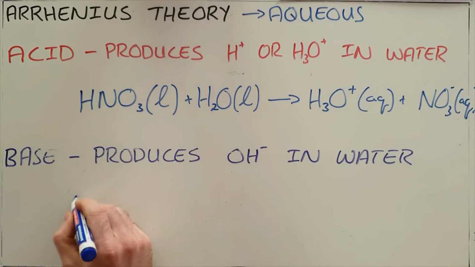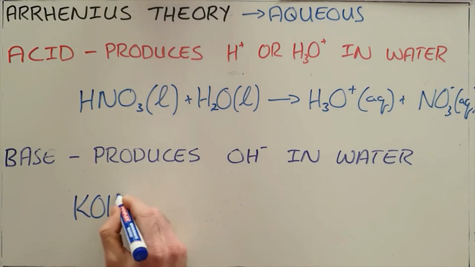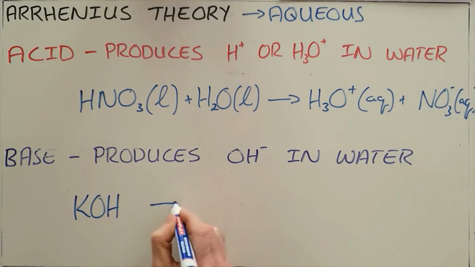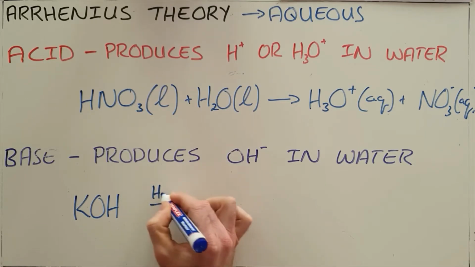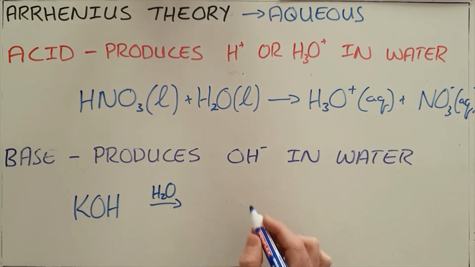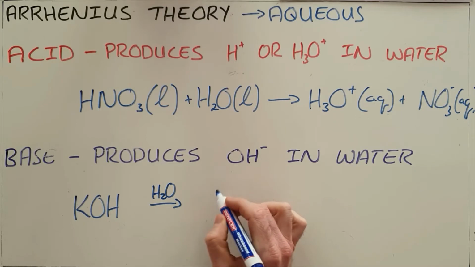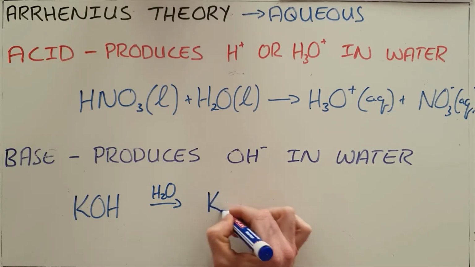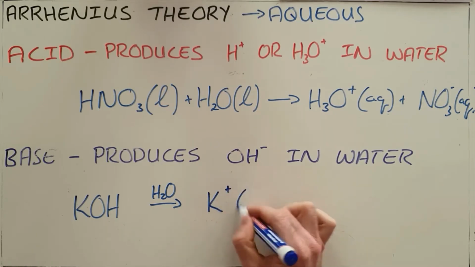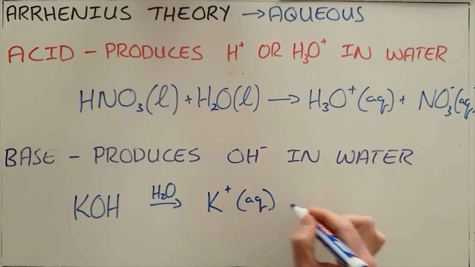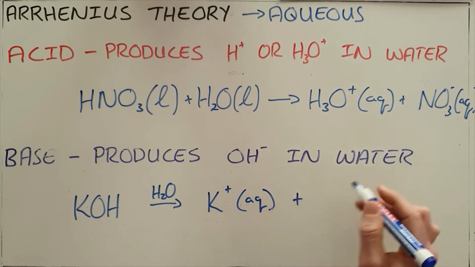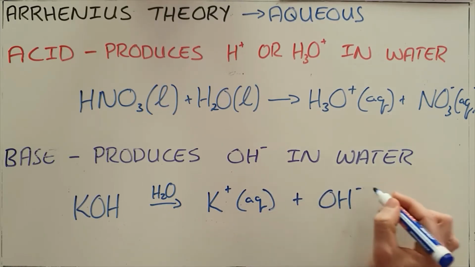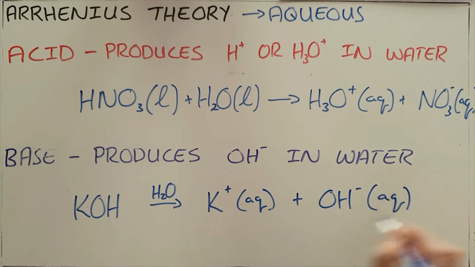So if we take one of our common strong bases and place it in water, we know that when potassium hydroxide is placed in water, it will dissociate. Dissociation, we know, is a simple process, not a reaction, where a compound breaks into its constituent ions to produce potassium ions and hydroxide ions, both in aqueous solution.